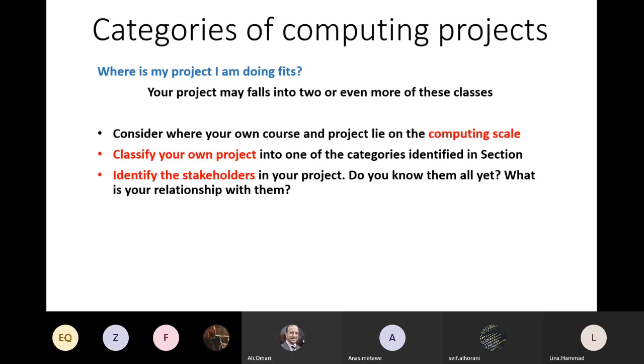Anybody can answer? You mean, just to clarify your question, our project that we're working on now, which category is it in?